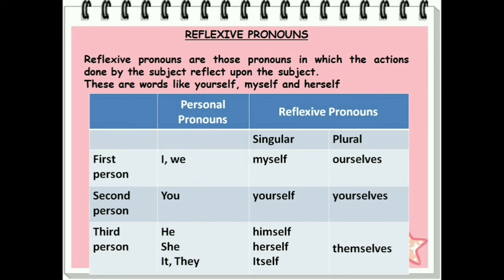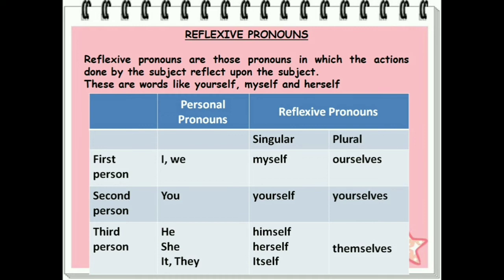Here is a table to show the personal pronouns and reflexive pronouns. Reflexive pronouns we can use in singular and plural. In the first person, I and we are the personal pronouns, and in reflexive pronouns, in singular we use myself, and in plural ourselves.